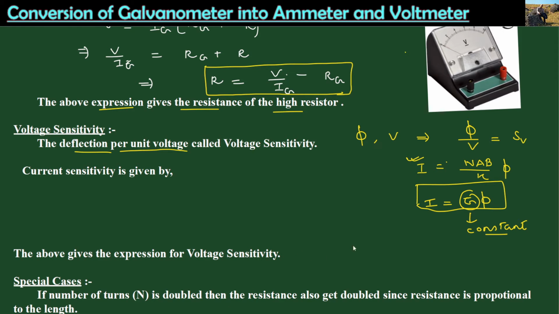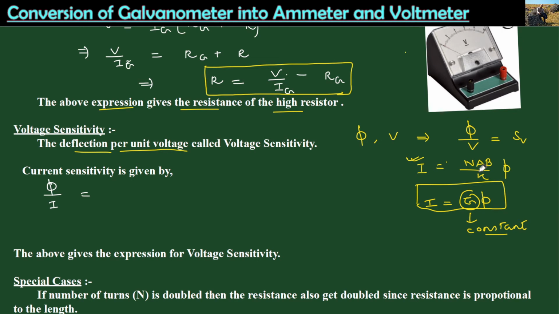The current sensitivity is always written as phi divided by I. Over here, something is wrong, let me do some correction.